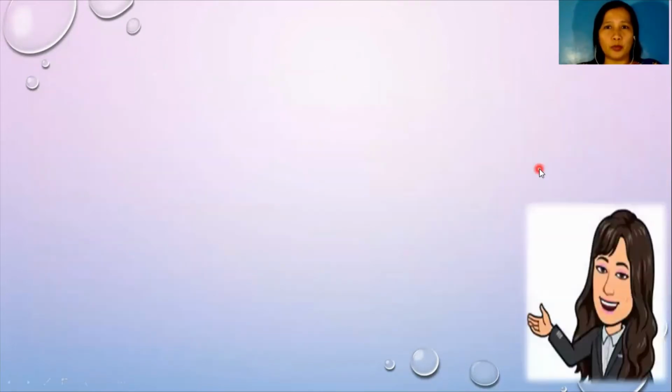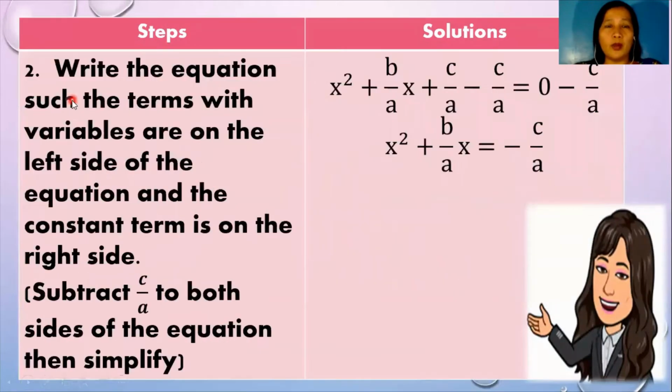Step 2. Write the equation such that terms with variables are on the left side of the equation and the constant term is on the right side. So in our equation, our constant term is c over a. So how can we transpose this to the right side? You need to subtract c over a from both sides of the equation, then simplify.